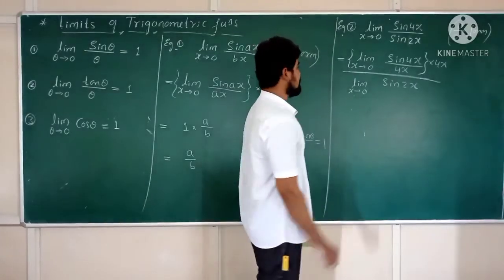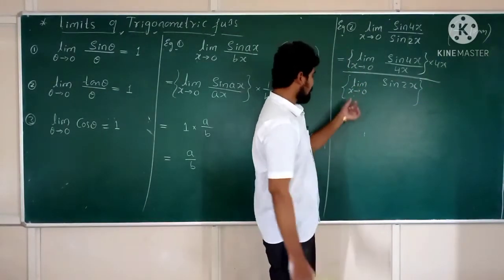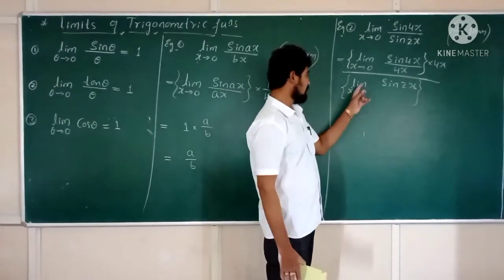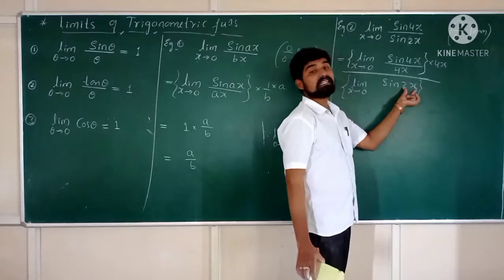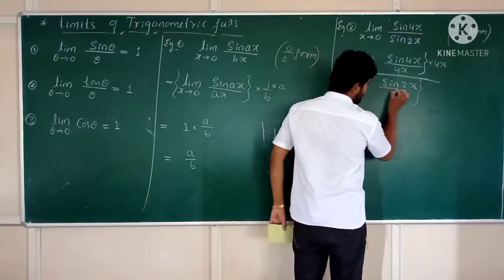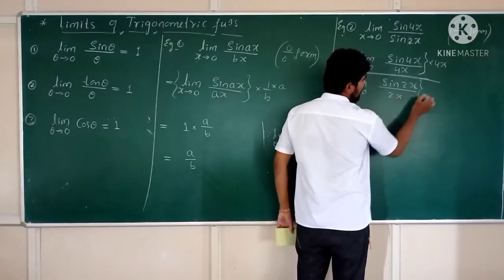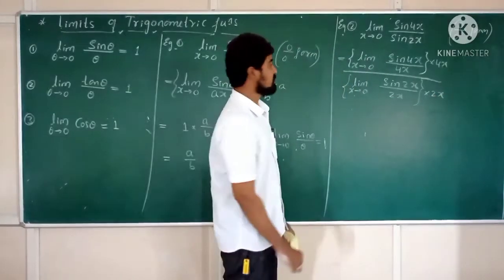I hope all of you understand it. In the denominator also, if I assume this x as theta, limit theta tends to 0 sin theta, here theta is 2x. Therefore, divide this function by 2x and multiply by 2x. I hope all of you understand it.